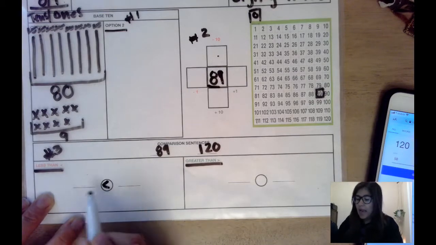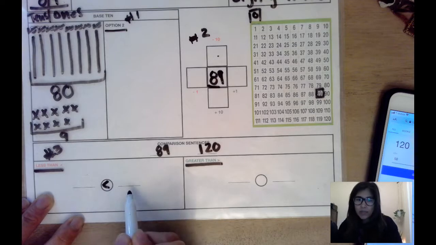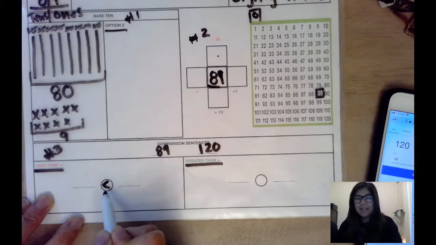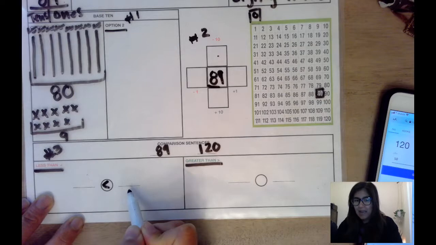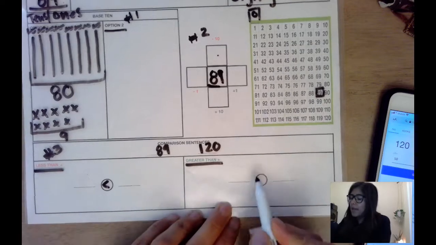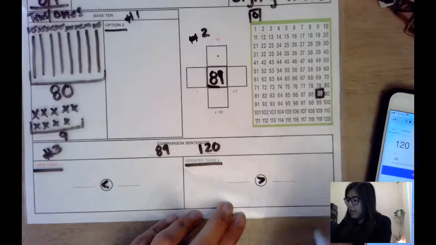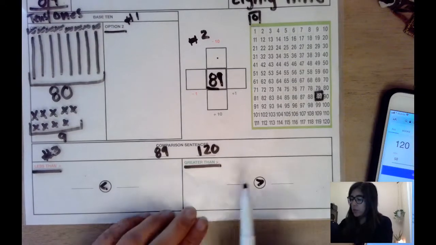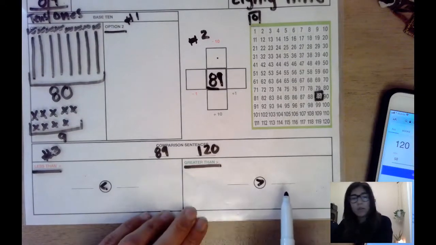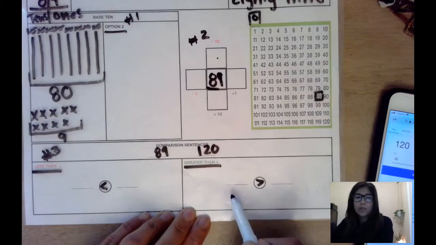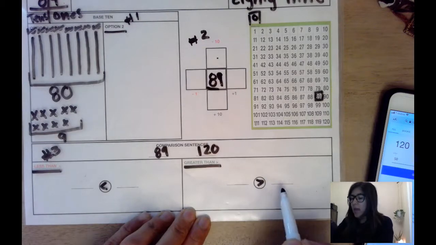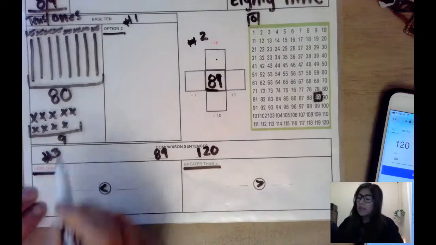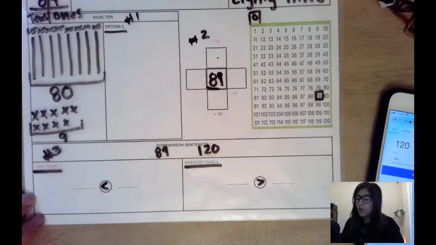Is 89 less than 120, or 120 is less than 89? And then using the greater than sign, again, decide which statement is going to be true. 89 is greater than 120, or 120 is greater than 89. So that is assignment number 3, boys and girls.